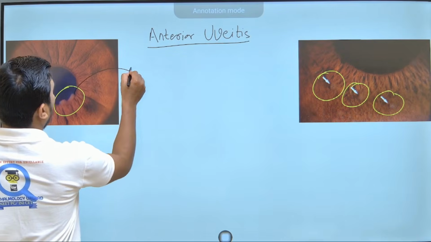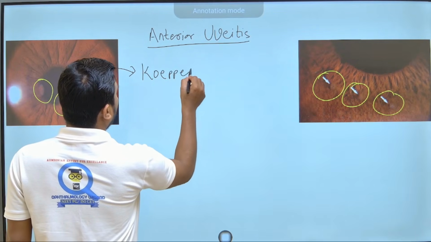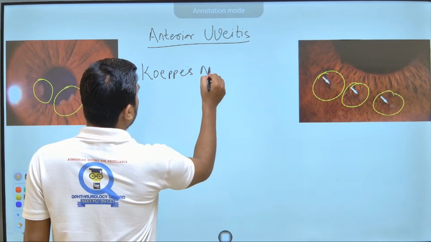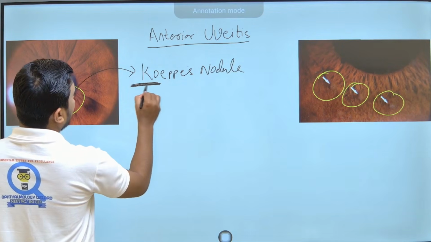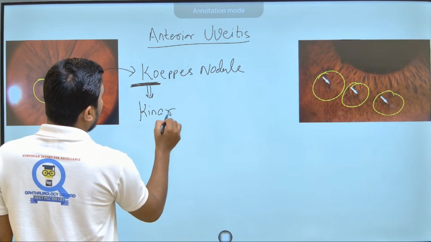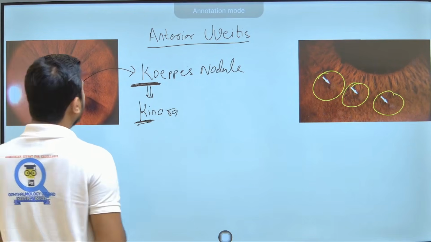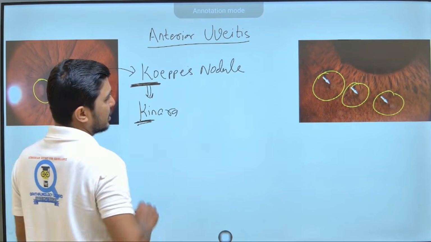Now this is called Koeppe nodule. You see the K for Koeppe, K for kinara. Kinara is at the edge, so that is why you remember this.